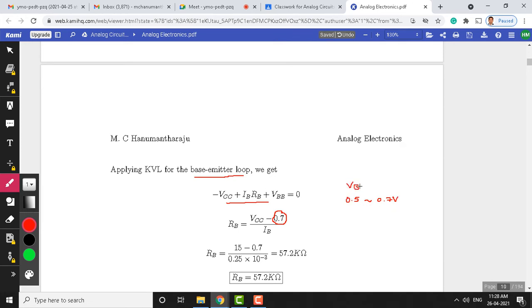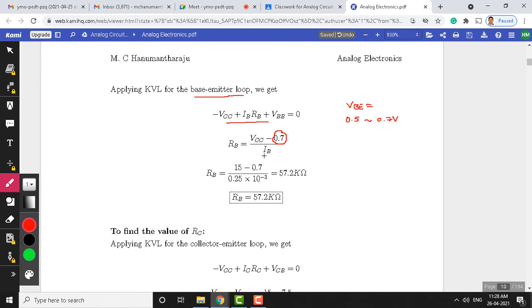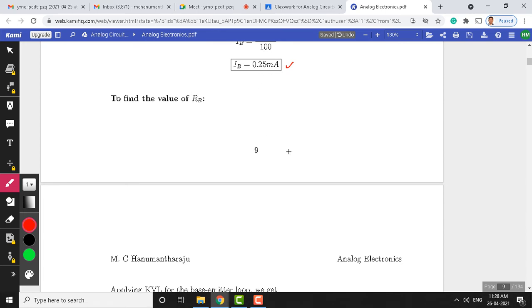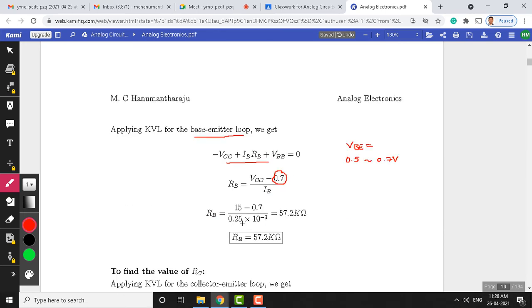Sometimes in the examination they may not give you this value, so students can choose VBE values in this range. Now, we can substitute the value of VCC, which is 15 volts, and the base current already derived, 0.25 milliampere, and RB is found to be around 57.2 kilo ohm here. So, this is the value of RB.